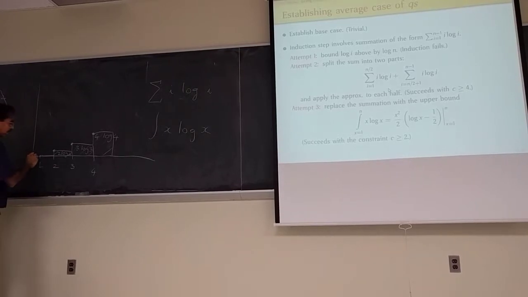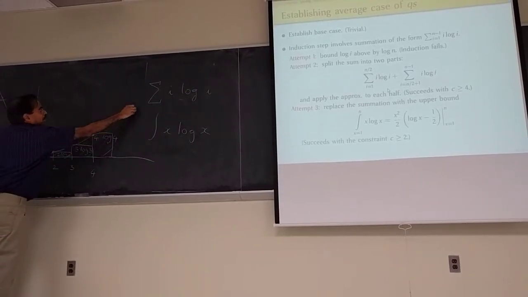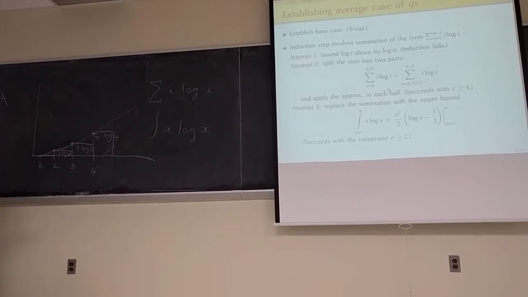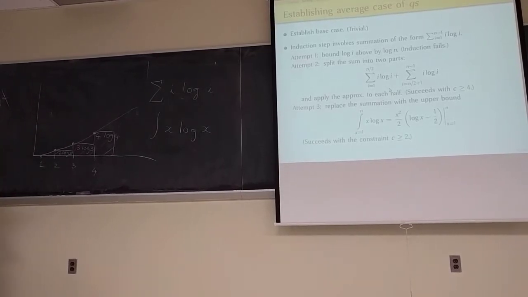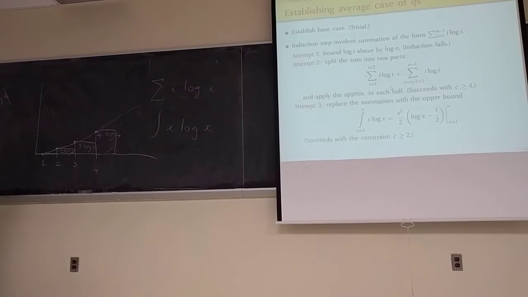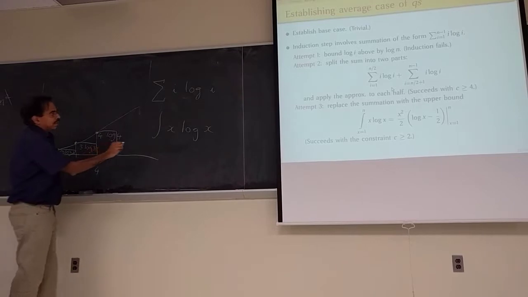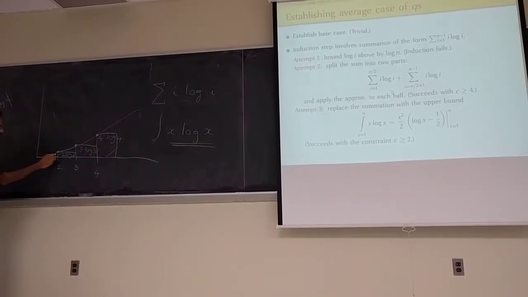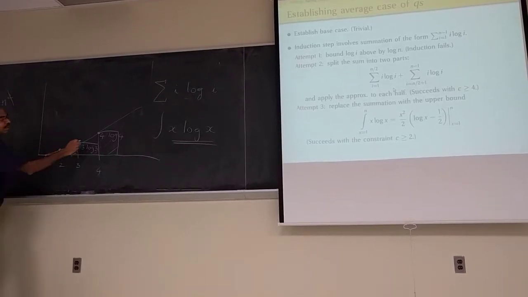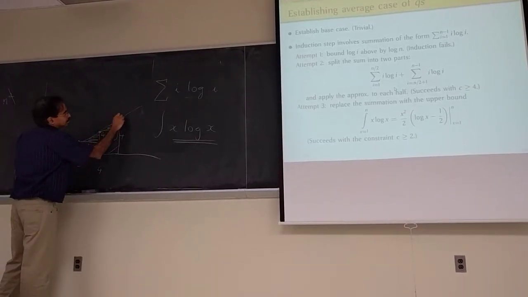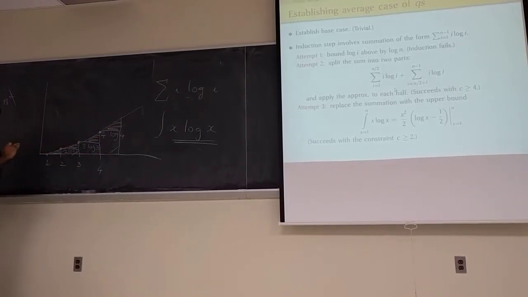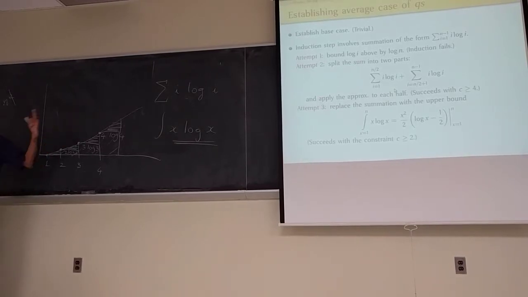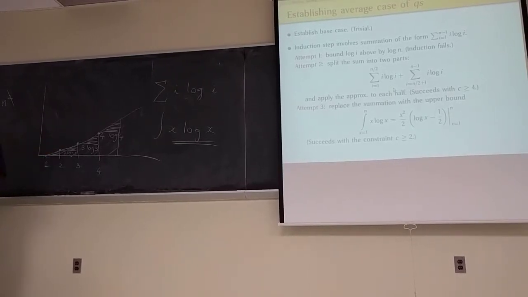The curve is slightly more than linear, growing slightly faster than linear. So what you can see is that the area under the x log x curve is an upper bound, slightly larger than the discrete sum, by this shaded region. So if you are looking for an upper bound, we can use the integral value instead of the summation.